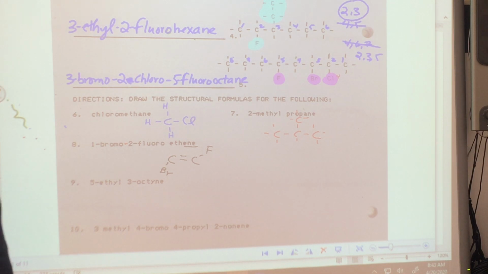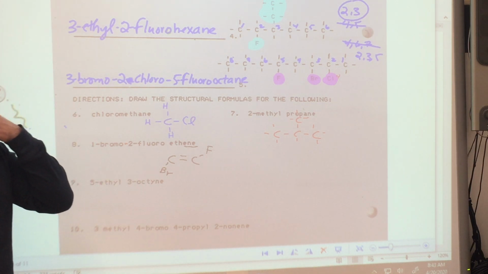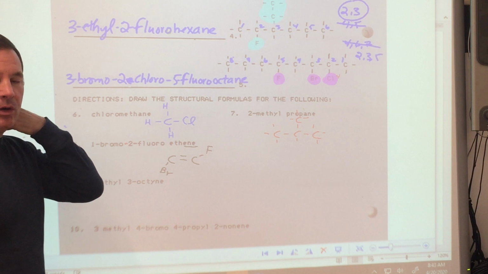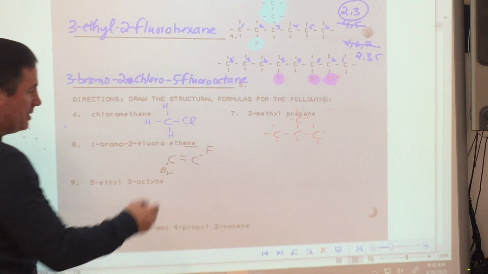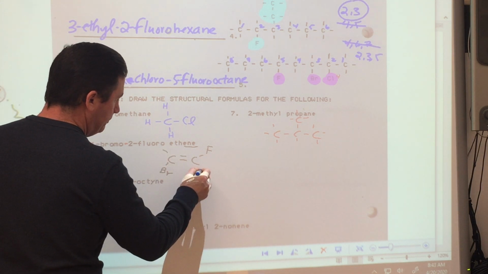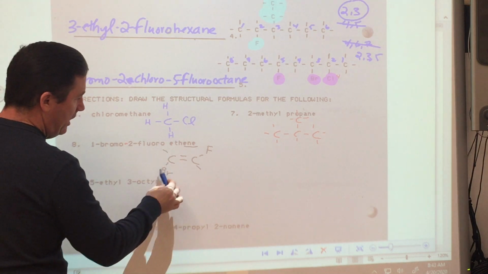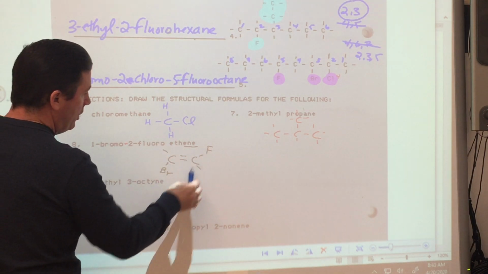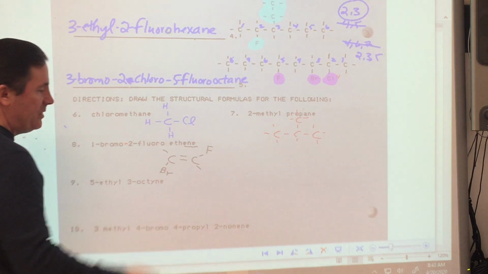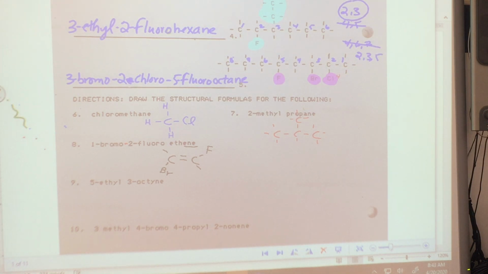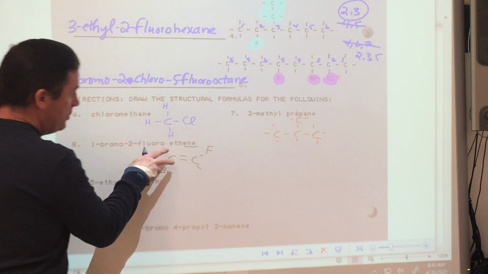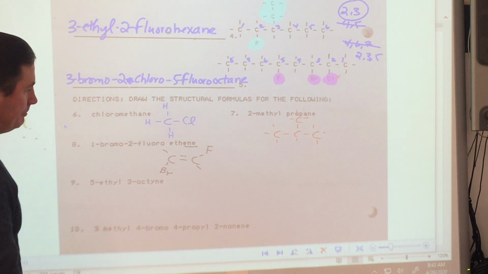Now, I've been training you to make sure that you put 4 bonds around every carbon, so make sure you do that. Now, you can see the angle that I've made here. Don't worry about the angle. If you went straight up and down, that's okay. But if we were to build these models, then these would have to be sticking off like that. So there you are.